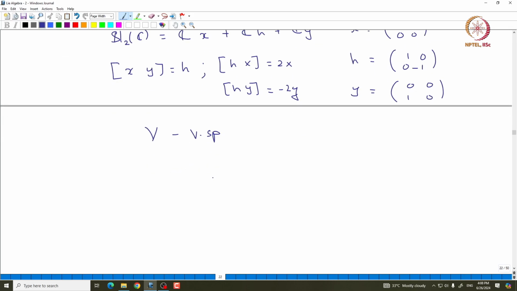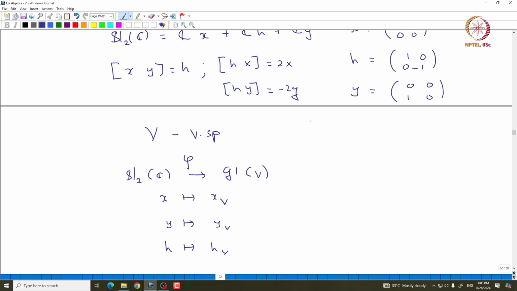We want an SL2 action on V, so we need a map from SL2 of C to GL of V, given by x goes to x_V, y goes to y_V and h goes to h_V. Once you give the images of the basis elements, you can extend this linearly and get a linear map from SL2 to GL of V.